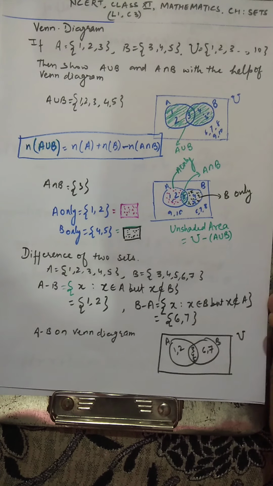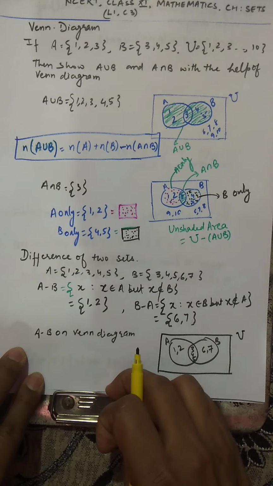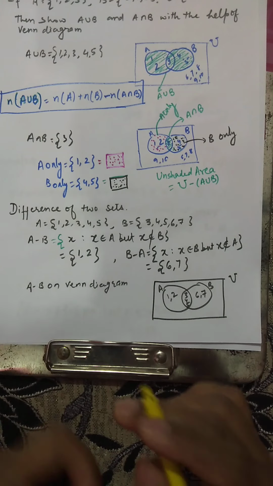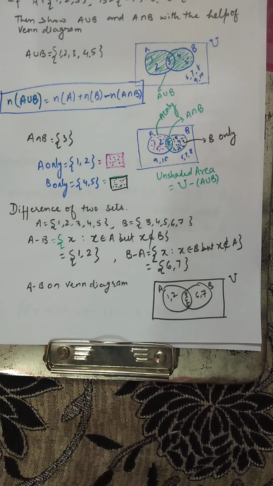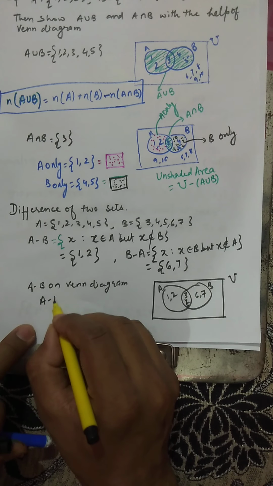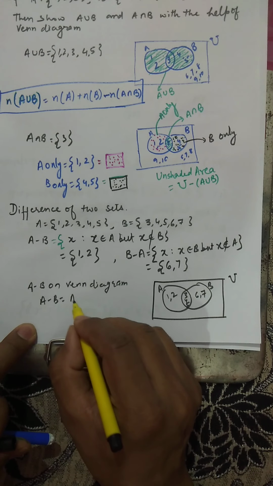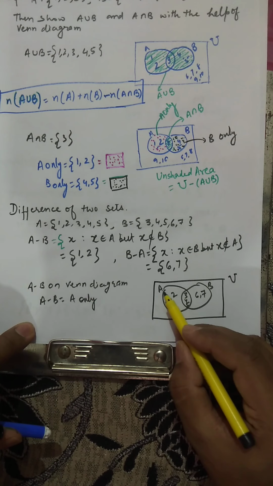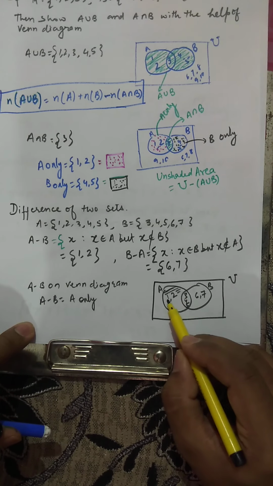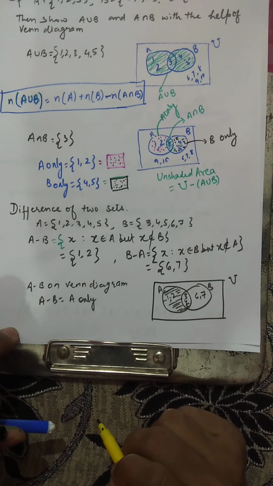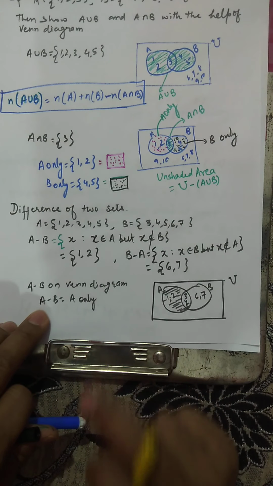So can somebody think what A minus B will be on the Venn diagram? A minus B on the Venn diagram will be this. You see very clearly that it means A only. A only is the part that I'm shading. So this is your A only, that means A minus B.